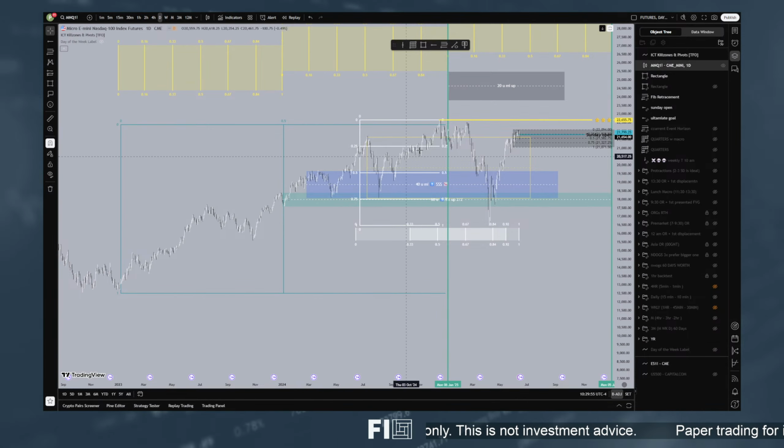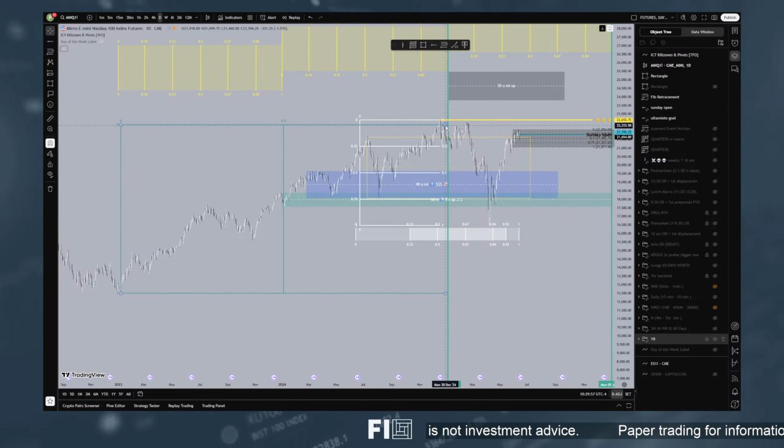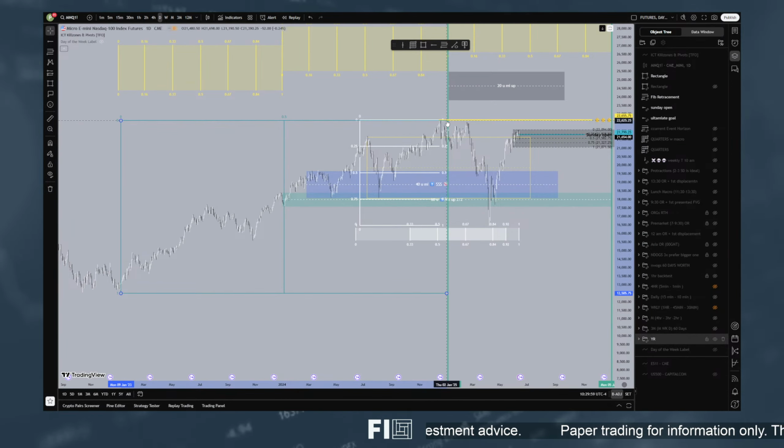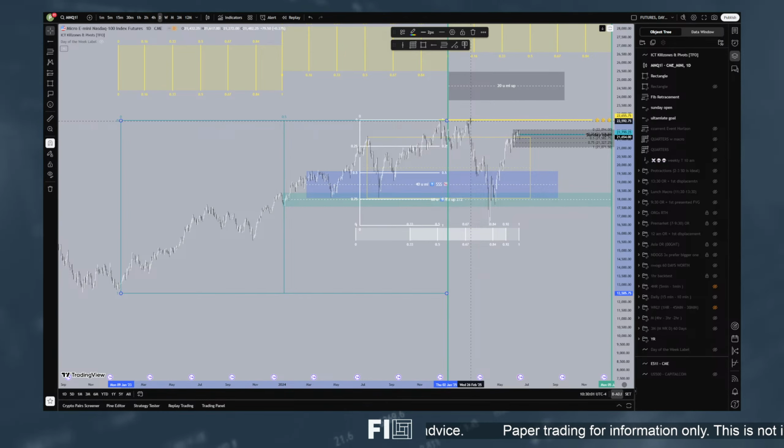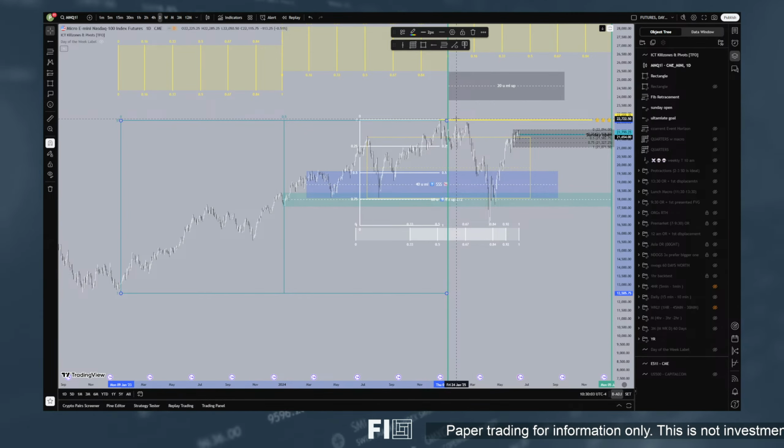So in this case, you see that once we had created this high, price did not dare to even challenge the external dealing range. This high is important because it could be used for both internal and external, but I'll explain both.